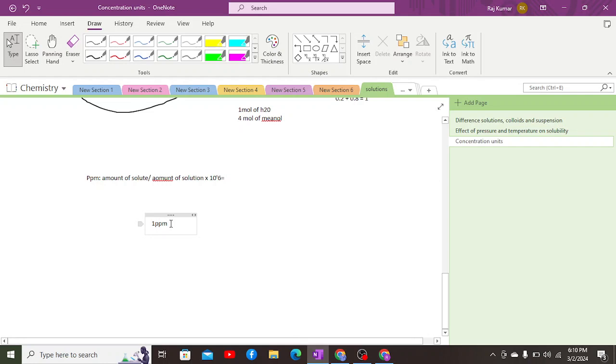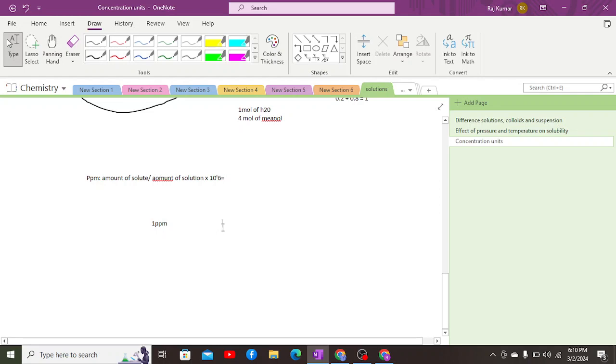Parts per million, parts per billion, and parts per trillion are utilized in industrial processes and in measuring analytical data. So in this case, they are used in measuring the purification of water as well as purification of air.